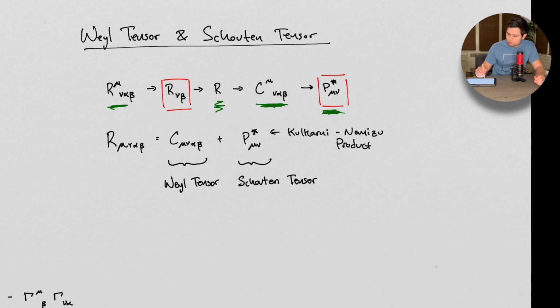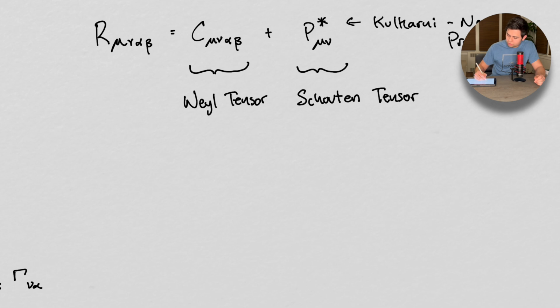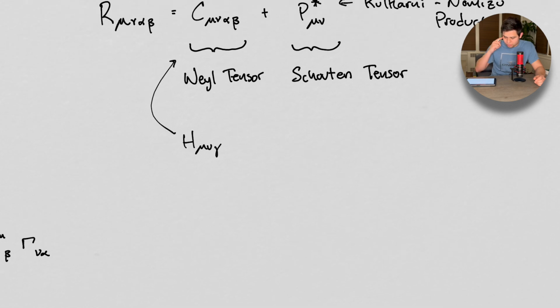Before I go, I also am going to cover the Lanczos tensor, right? That's denoted with an H, with indices mu, nu, gamma, and this is related to the Weyl tensor.